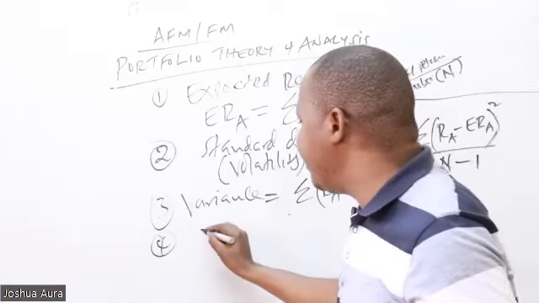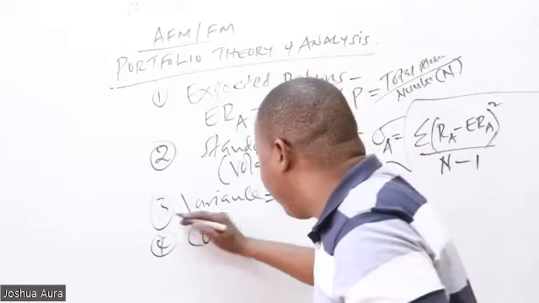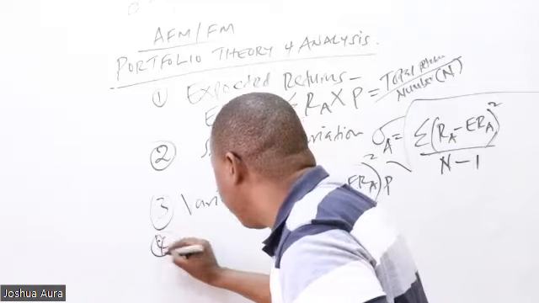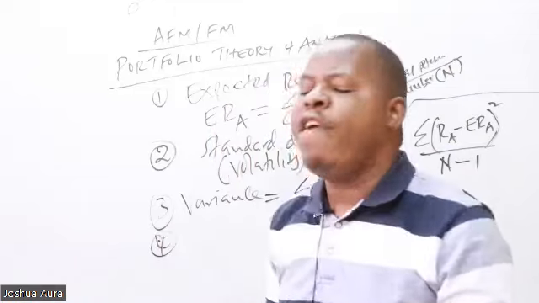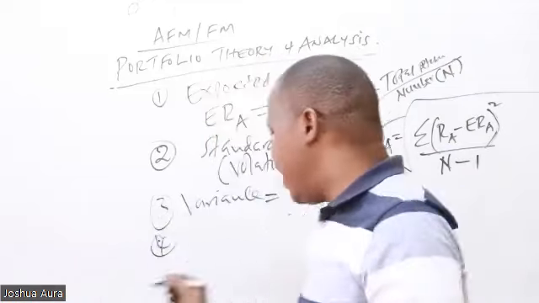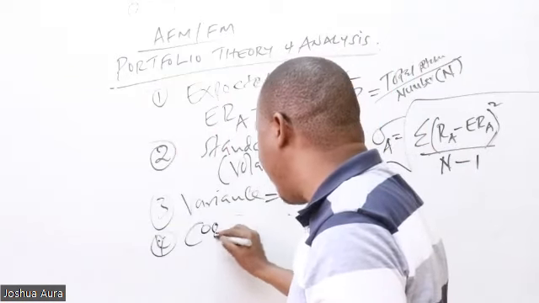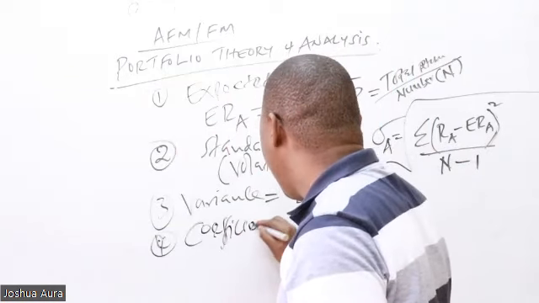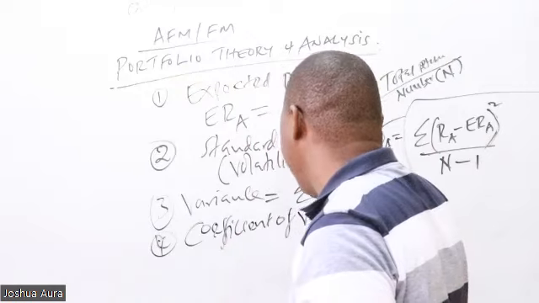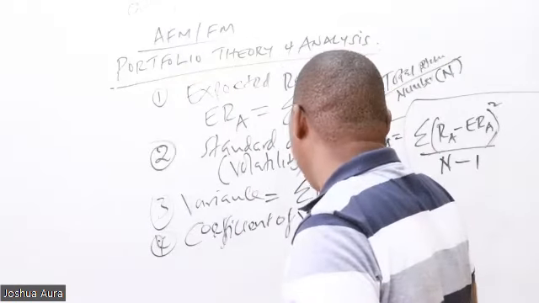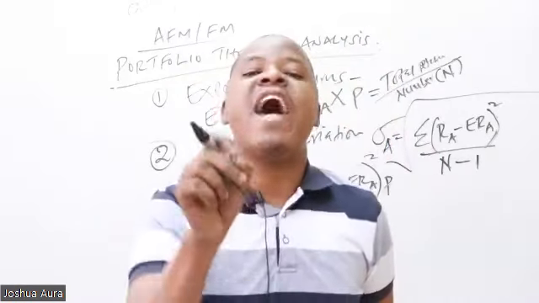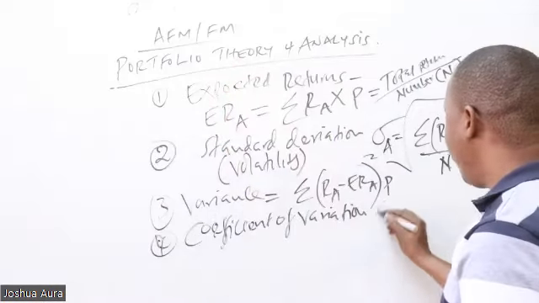So the other point is CV, coefficient of variation. Let me start with this one. Coefficient of variation, CV. You should know this. How do we calculate this?